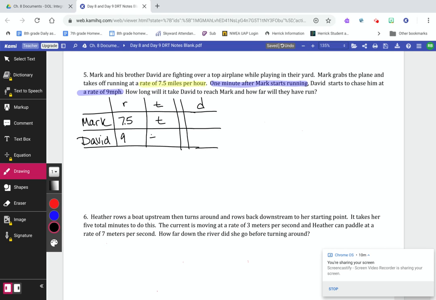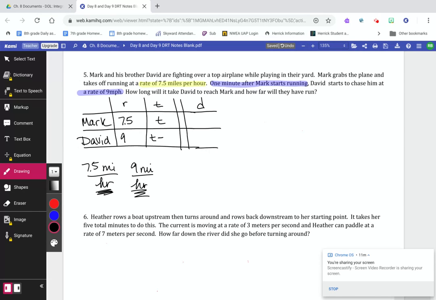He's going to take away 1 minute, but you have to be really careful. You're not just going to write t minus 1, because if you look at everything, it's 7.5 miles per hour, and it's 9 miles per hour. So we need to stay consistent. If we subtracted 1, that would mean t minus 1 hour, but we want to do t minus 1 minute.